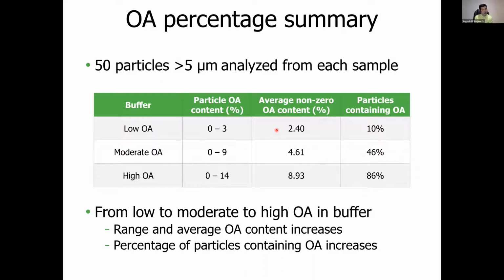So not only does high OA concentration lead to more aggregation, it leads to formation of protein aggregates with higher OA concentration in those aggregates. So we get insight into both what these particles are, and we also gain insight into the chemistry of these protein aggregates that we have.